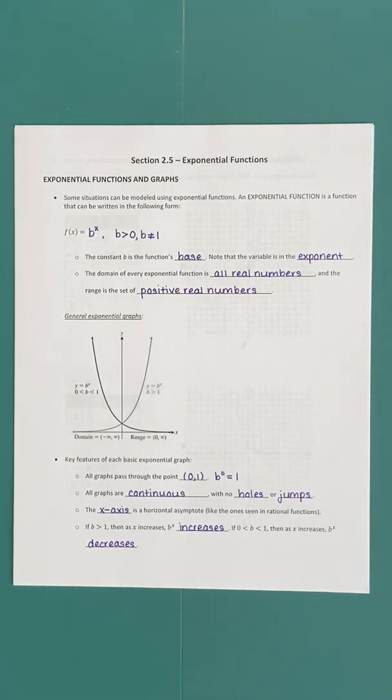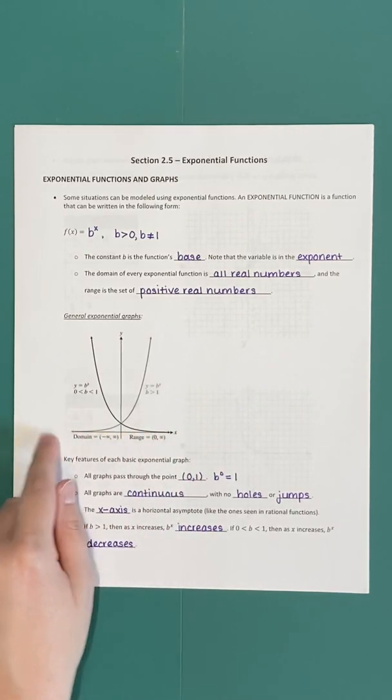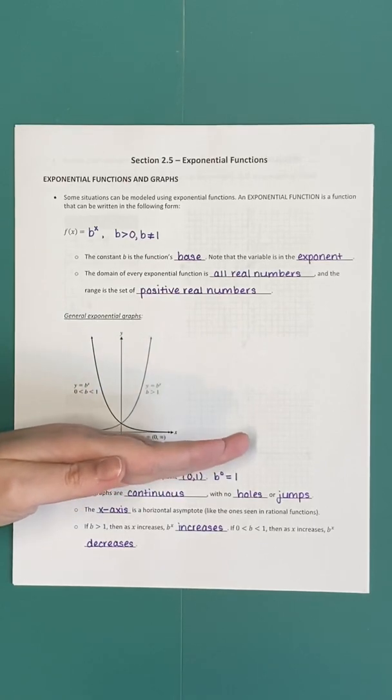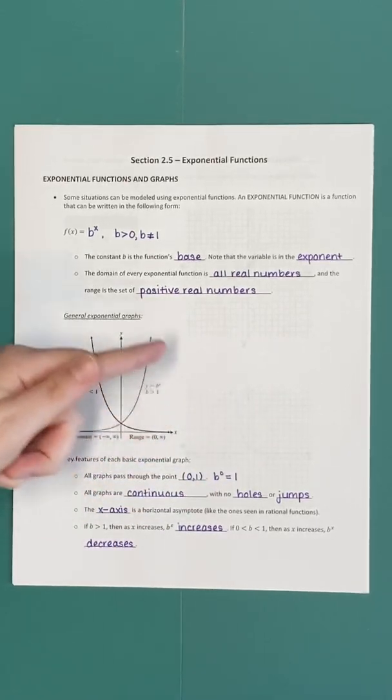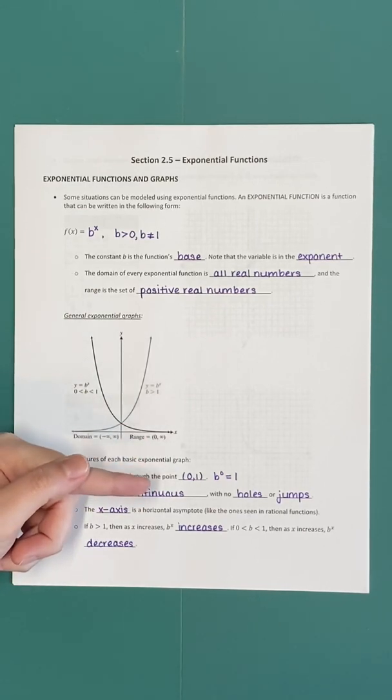Those were boundaries that divided the graph up into pieces. We had vertical boundaries, stuff to the left, stuff to the right. We had horizontal boundaries, stuff above, stuff below. The x-axis in this case is a horizontal boundary. Everything stays above the x-axis and our graph never drops below it.